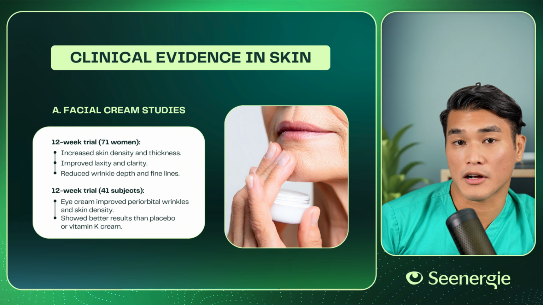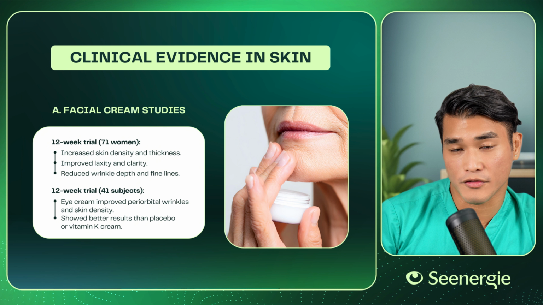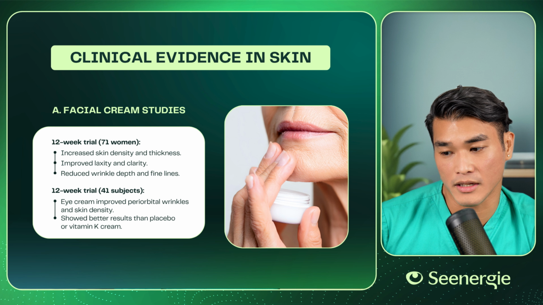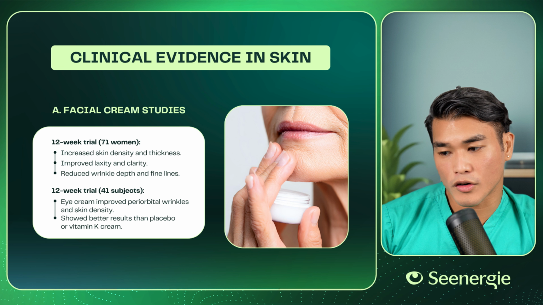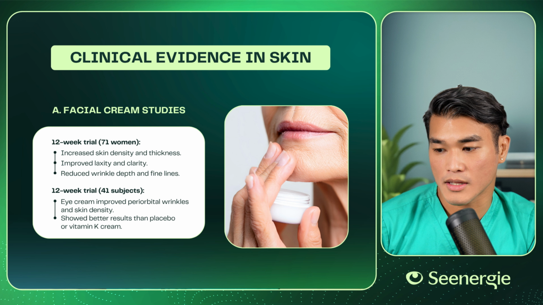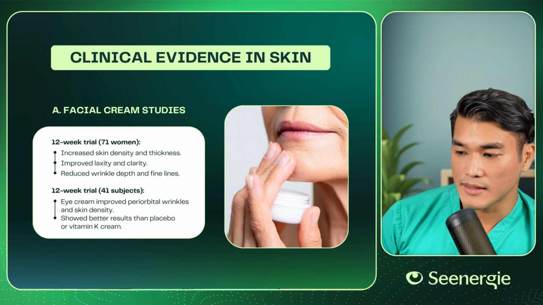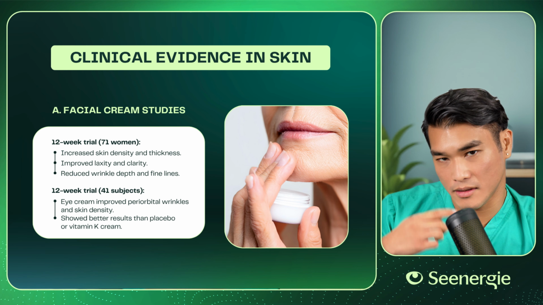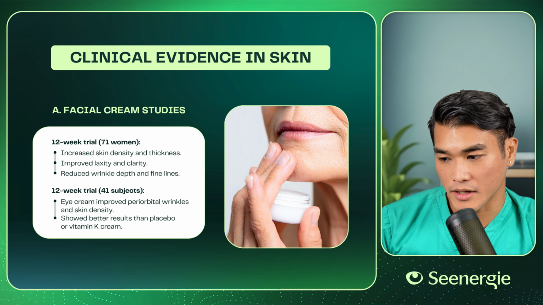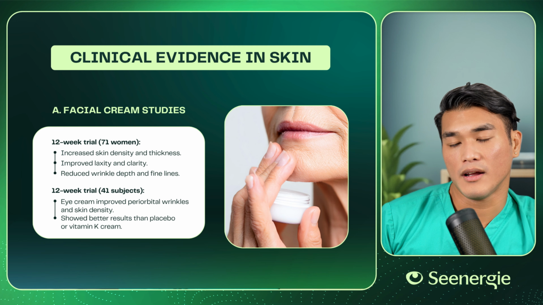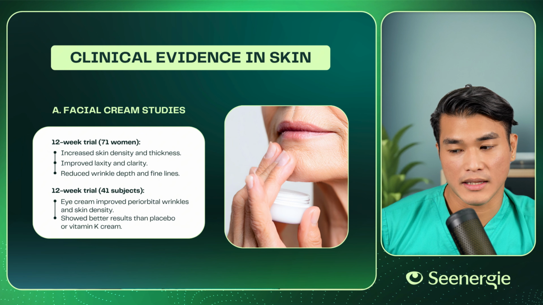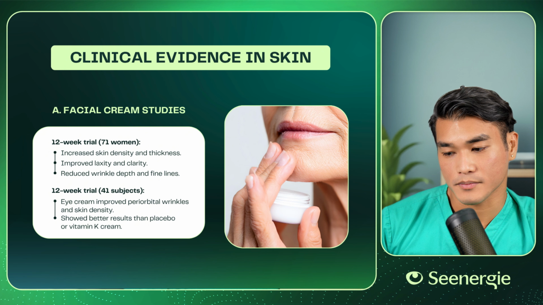That was just a cream option, which makes it very easy to integrate into your daily routine. There was another 41 subject trial that used an eye cream over 12 weeks that showed greater improvement in the periorbital or eye wrinkles and skin density than with a placebo or a vitamin K cream.